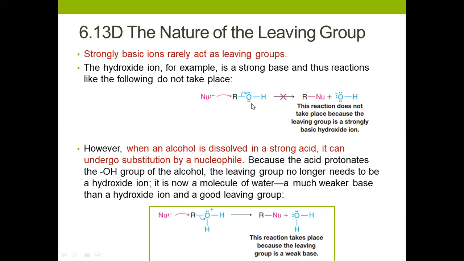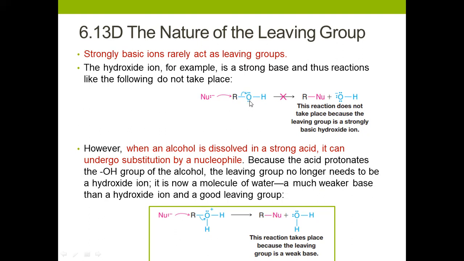There is no way that OH- can exist, because this is a strong base. It readily reacts and is not stable. It is hard to stabilize the OH- here, and therefore it cannot easily leave the R. So this is a strongly basic OH, and it doesn't leave the ROH so easily.